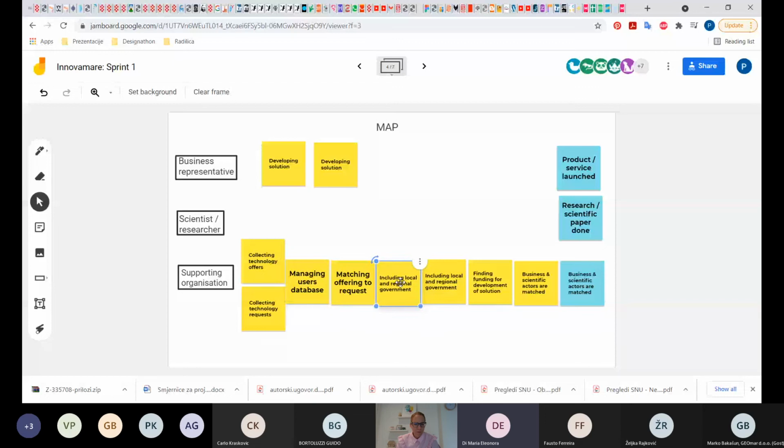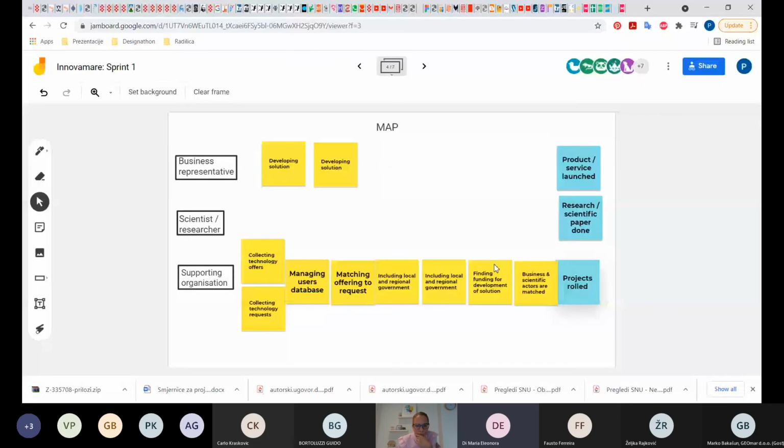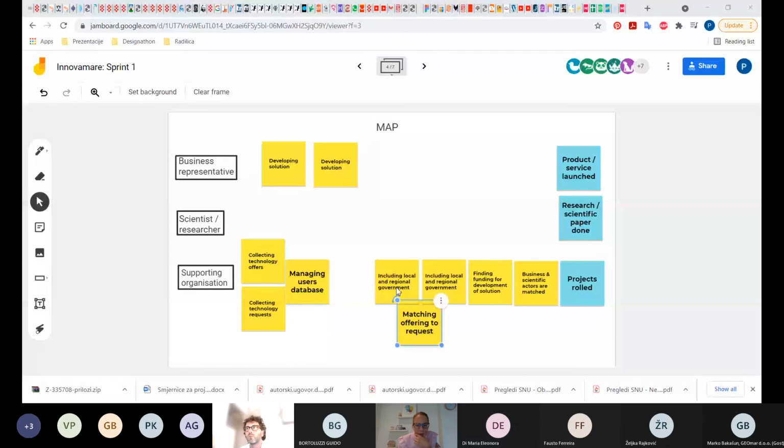So maybe this, I don't know if it's really marketing, is a way to better define what the platform could give access to in terms of technological solutions. Then this should actually be even prior to the matching. Yes, it could be for a different target.